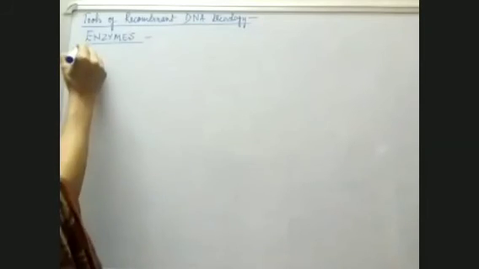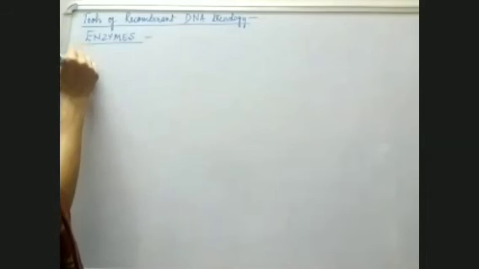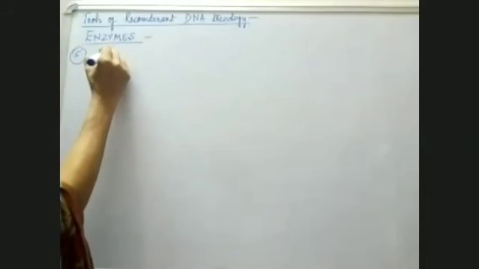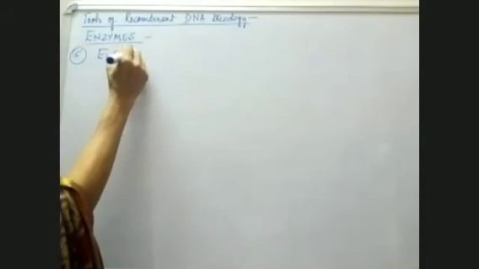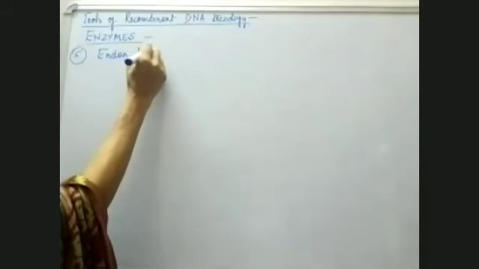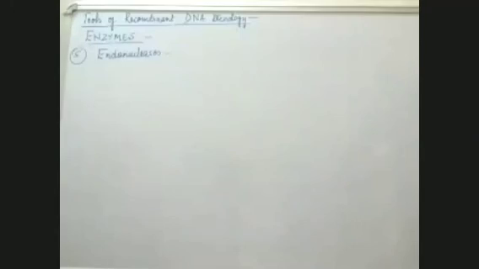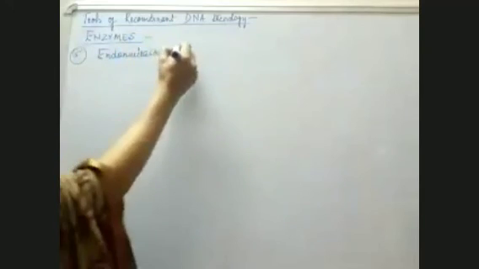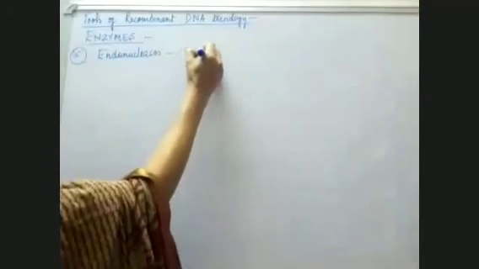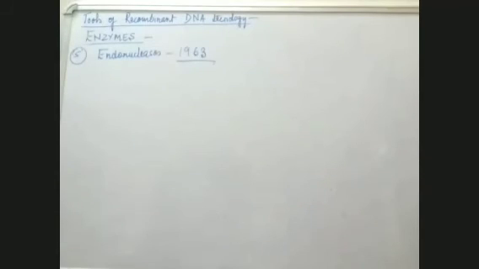So beta, we start with the next enzyme. This is the 5th enzyme, which is endonuclease. This was first found out in the year 1963. When the researchers studied this enzyme, they found that it has 2 parts.